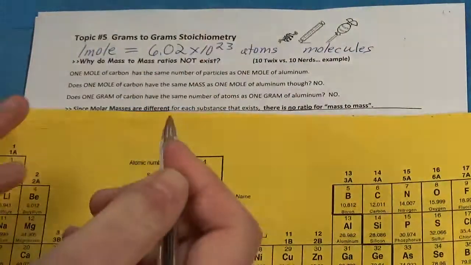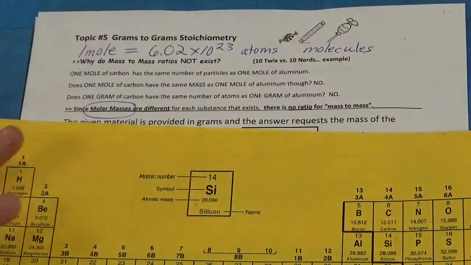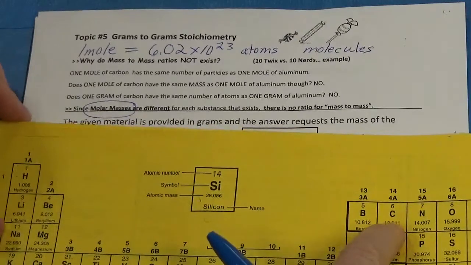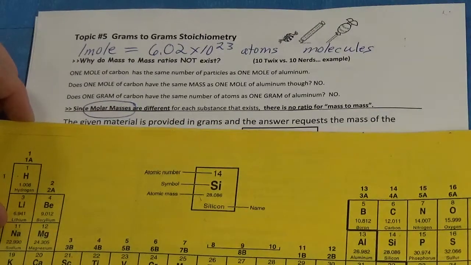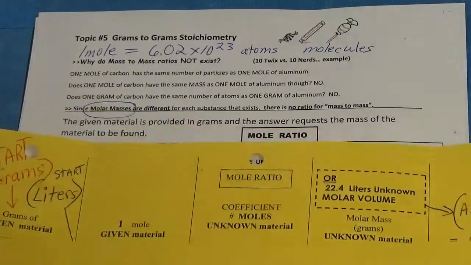The simple reason is because they have different molar masses. The molar masses are completely different from each other. Carbon is 12.011, gold is 196.967. They're nowhere close to the same.